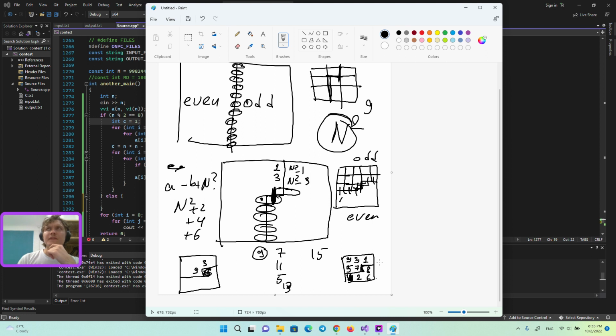Maybe I just make a number which is divisible by 3. Can I do it? Can I just make a number which is divisible by 3? So I can. Yes, I can. But it's not easy.